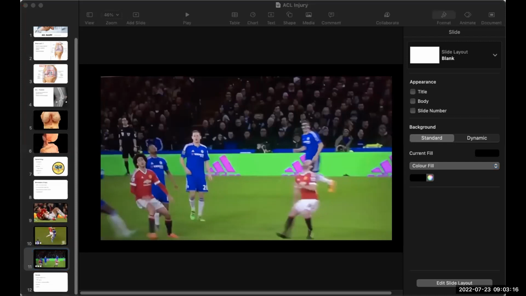As I said earlier, for only one ligament in the knee to be injured is very rare.